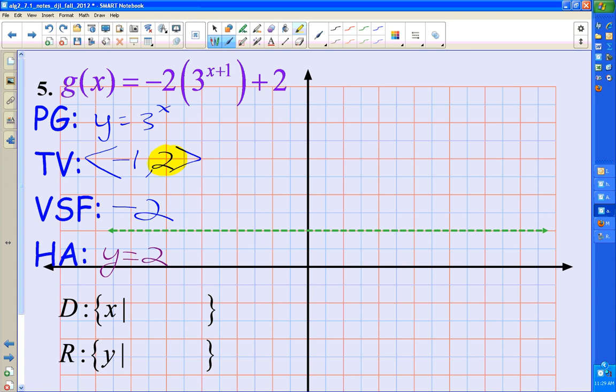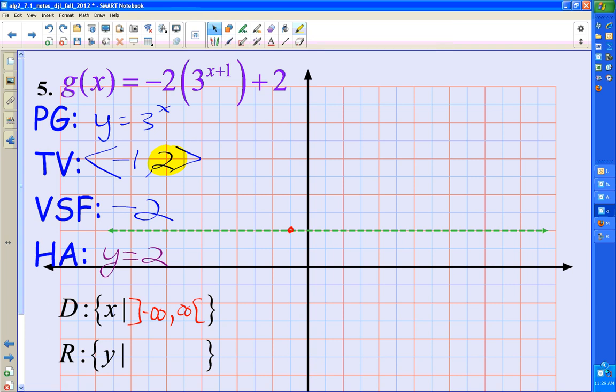So the first thing we want to do is move our origin, left 1, up 2. If you want, you can do your domain, because the domain for exponentials is always all reals. Negative infinity to positive infinity. Be careful on the range this time. You might want to graph it first.